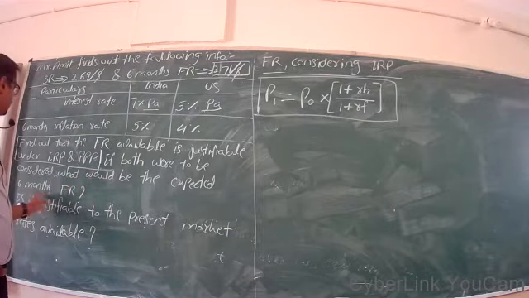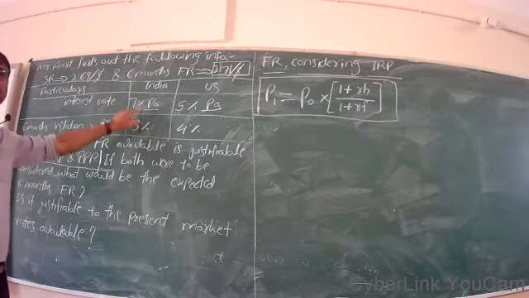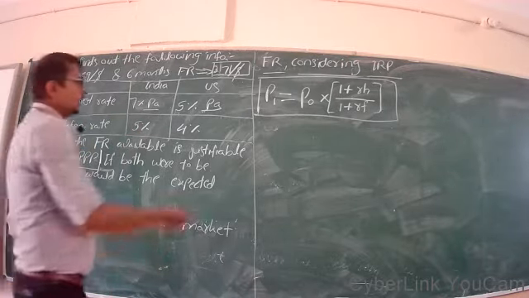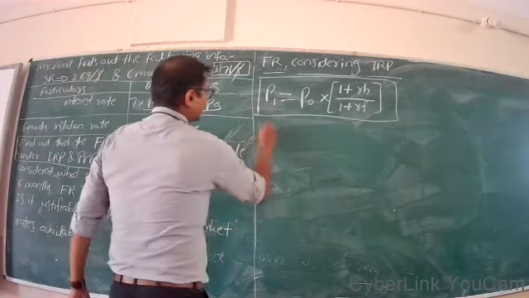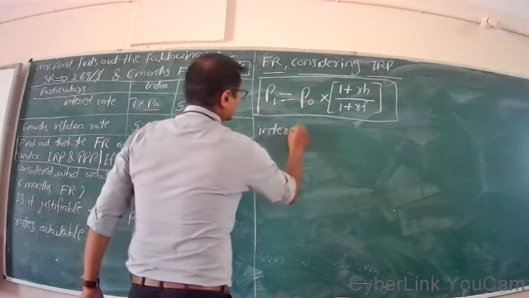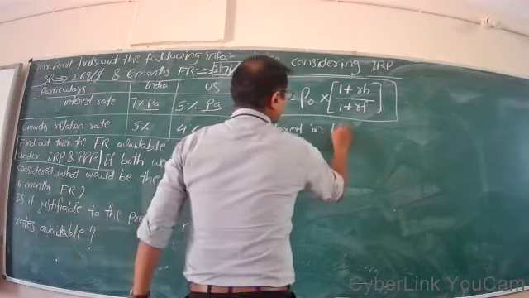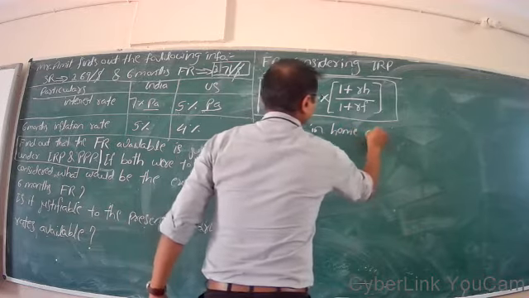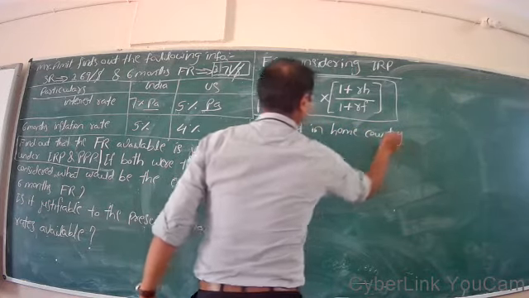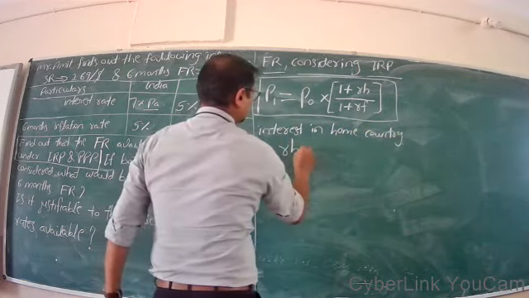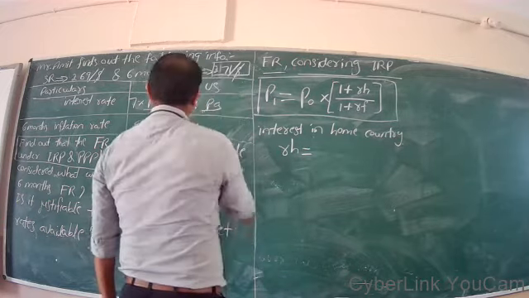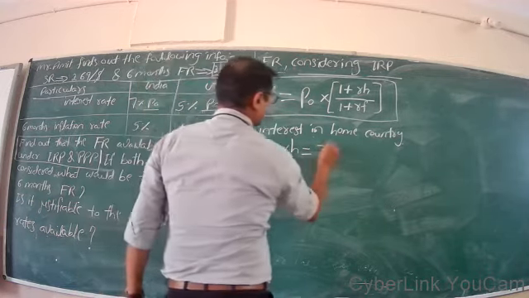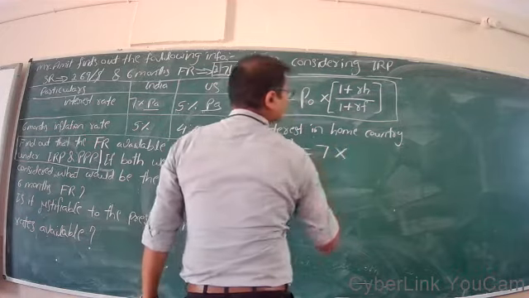Consider what would be the expected 6 months forward rate. Interest rate is given per annum, so you have to calculate interest in home country, that is RH, which in India is 7% per annum.